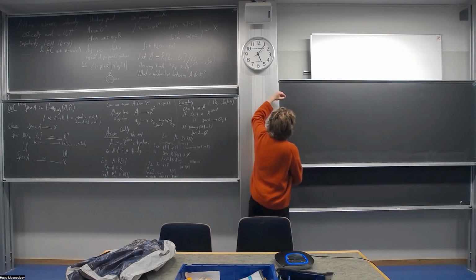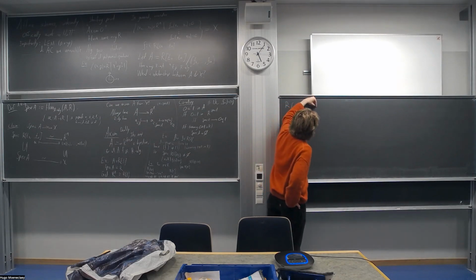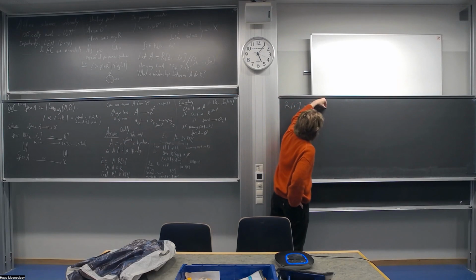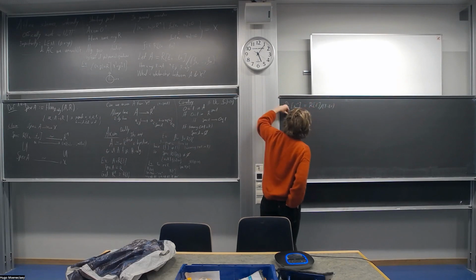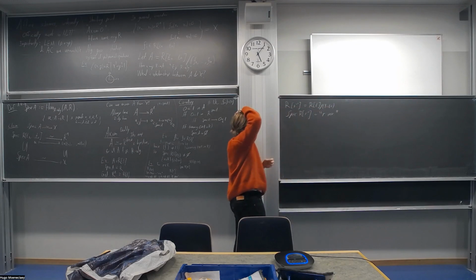So I wanted to consider this ring. The spectrum of this is the proposition that r is invertible. Okay.